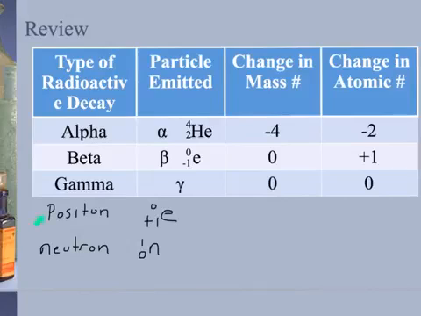A positron is an electron that has a positive atomic number, 0 for the mass, and a neutron has 1 for the mass and 0 for the atomic number. So do keep each of these in mind, have these on your chart, as we will be using these on our upcoming problems.